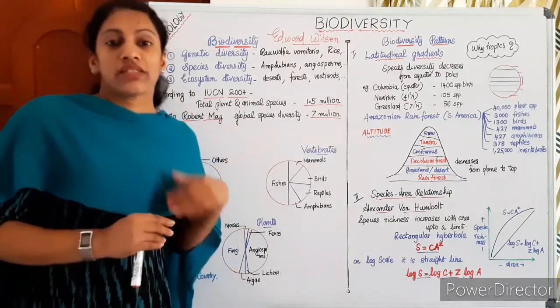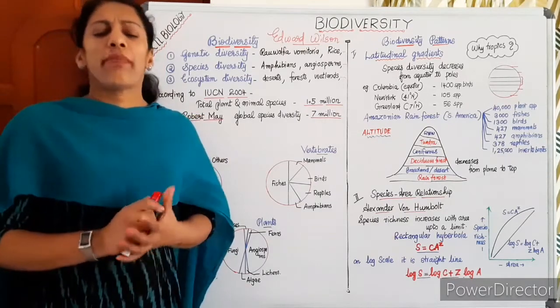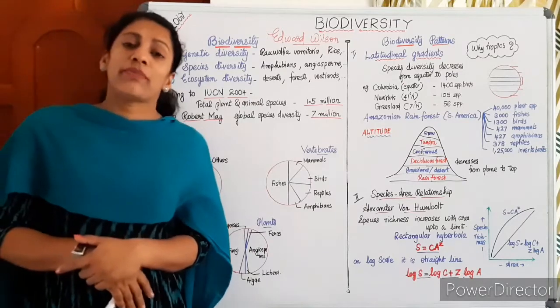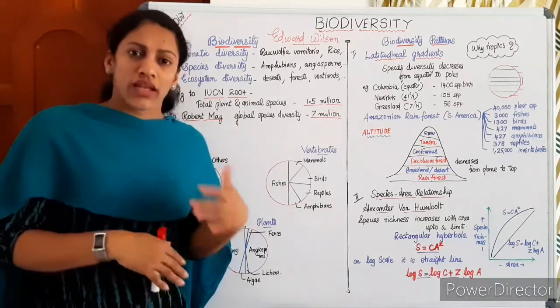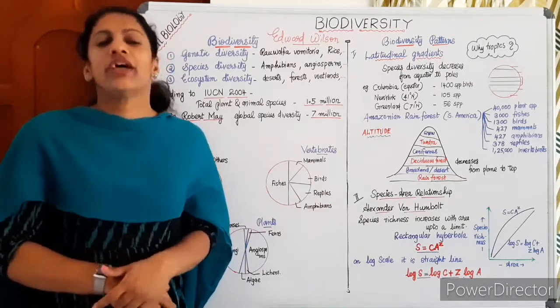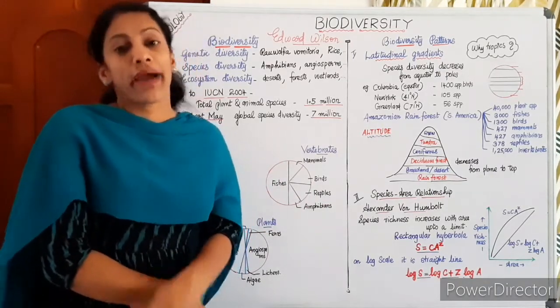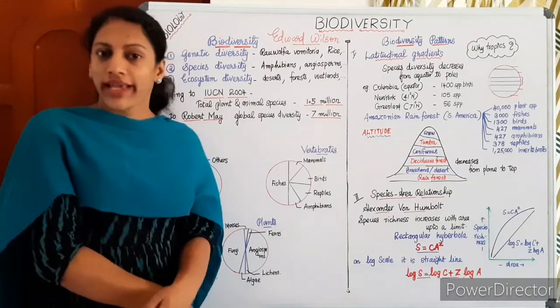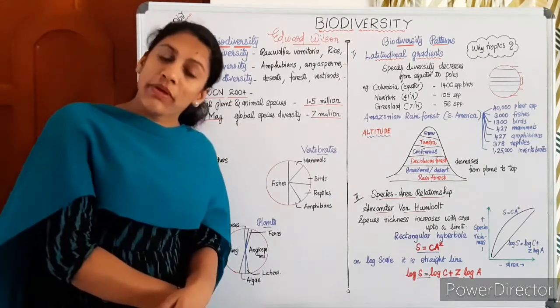Anyway, come to the next section, about the biodiversity patterns. What type of patterns does biodiversity follow? Is there a regular pattern of increase? What causes this increase? Do you know where diversity is maximum? When we compare the tropical region and polar region, diversity is maximum at the tropics.